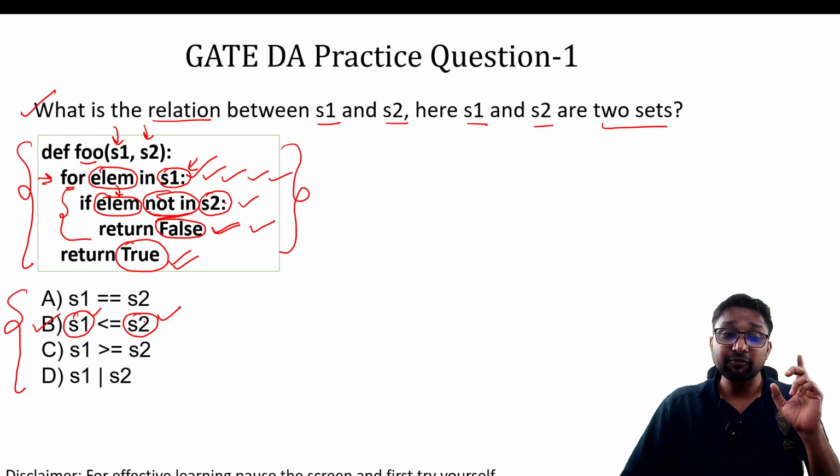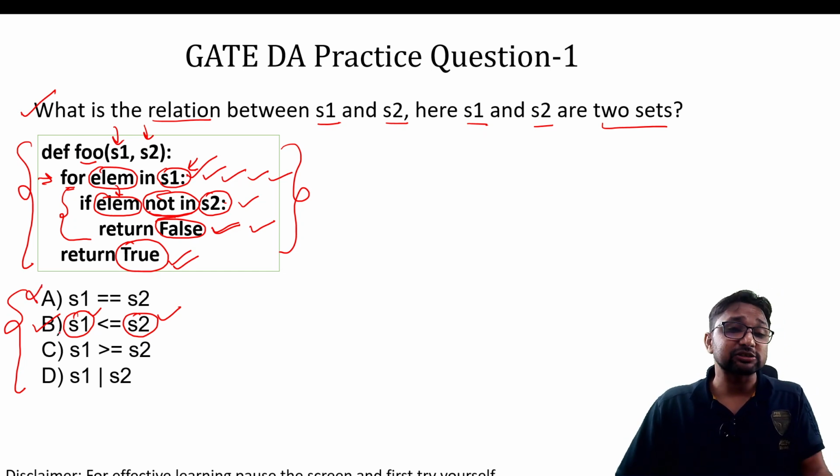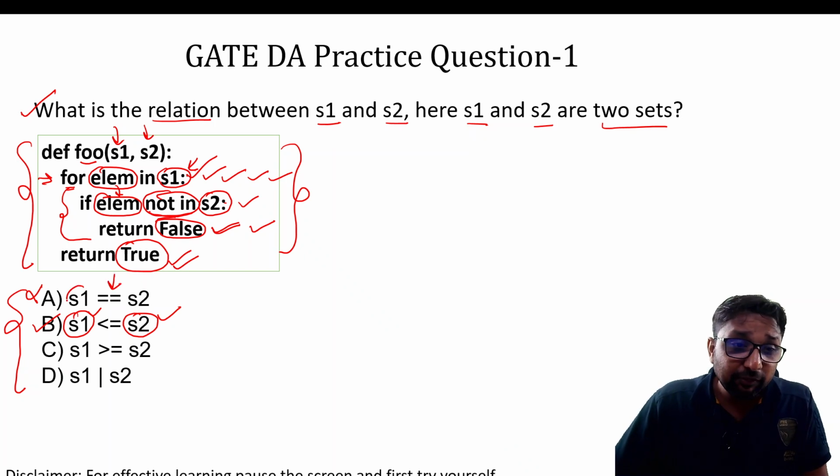One more thing you can notice over here is that A will not be the right answer. Why is A not the right answer? In this also, all the elements of S1 should be present in S2.